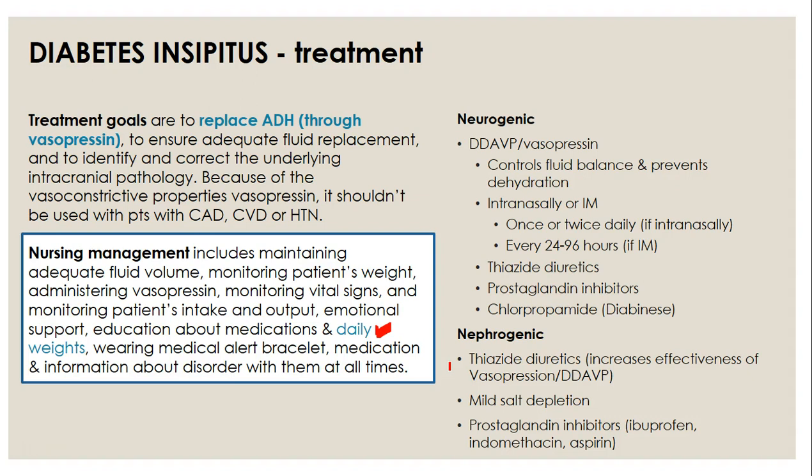So it actually helps promote the retention of fluids, where the person is having the opposite problem because of the lack of ADH. That is why in this particular case thiazide diuretics are used, and they have the opposite effect that most people think about.